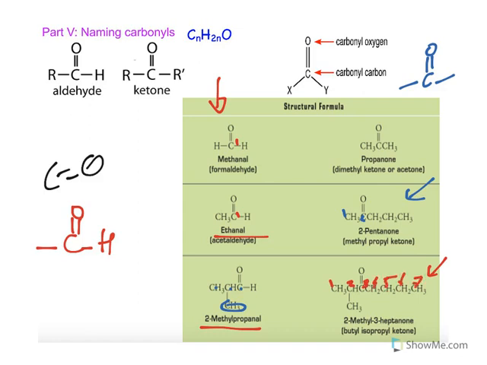So on the 2nd carbon we have a methyl substitution, so we say 2-methyl, and then we have to mention the number of the C=O, which is 3. This is a chain of 7 carbons, so we use heptane. We remove the -e and we replace it with -one. So this is 2-methyl-3-heptanone.